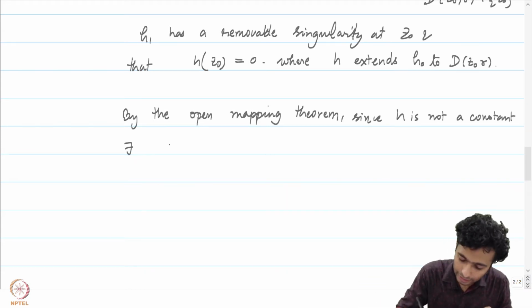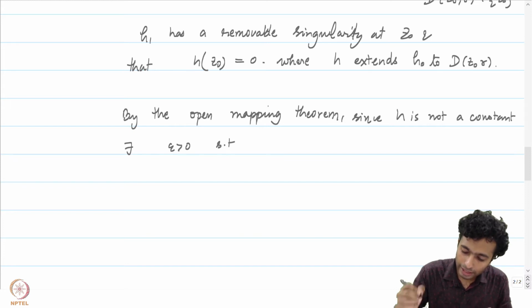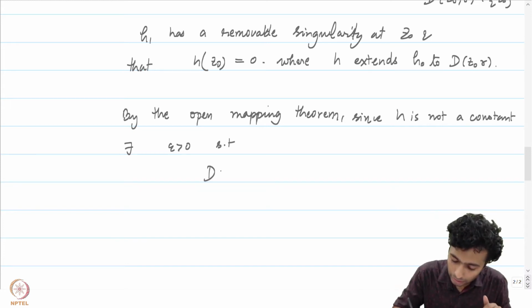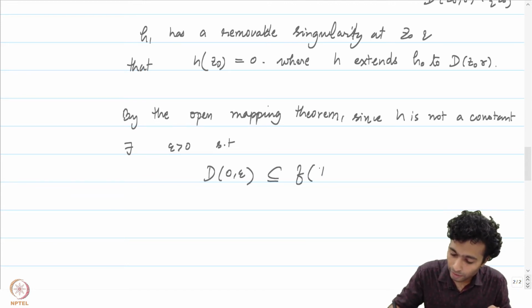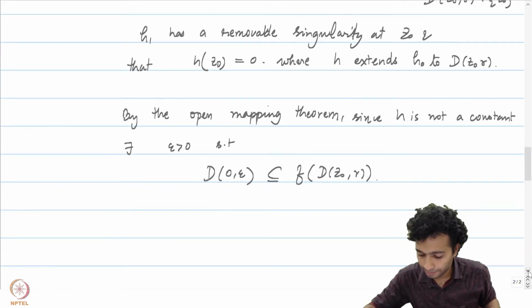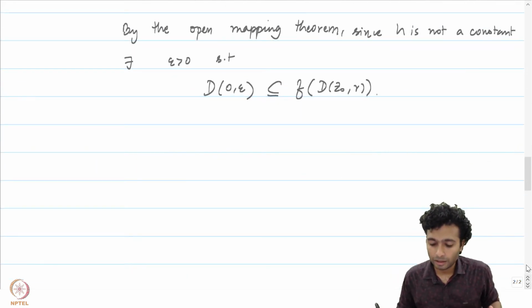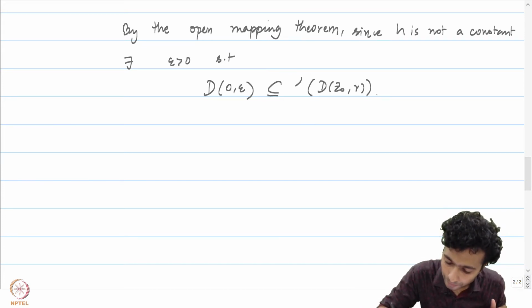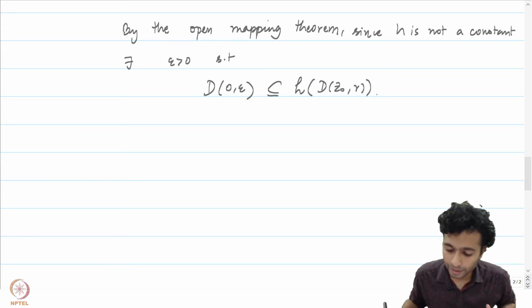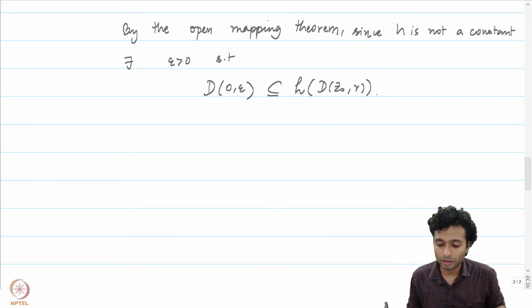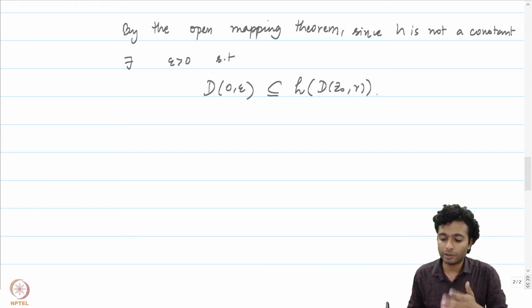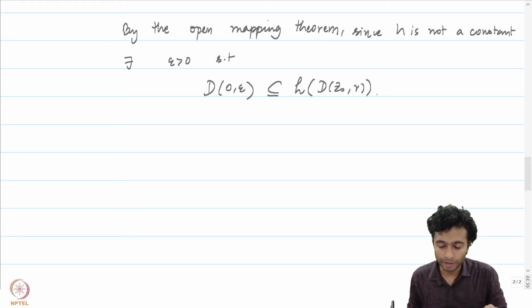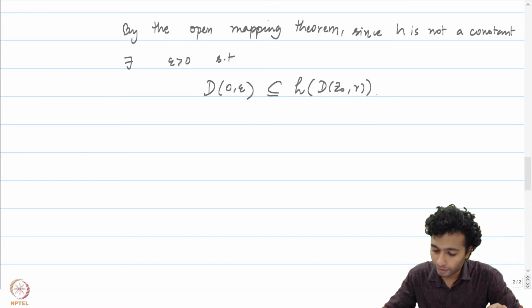That means there exists epsilon positive such that D(0, epsilon) is contained in h of D(z0, r). It means that any point in the disk of radius epsilon around 0 is in the image of D(z0, r) under h because of the open mapping theorem.